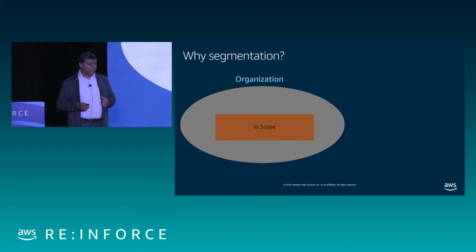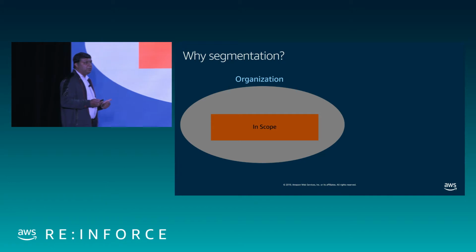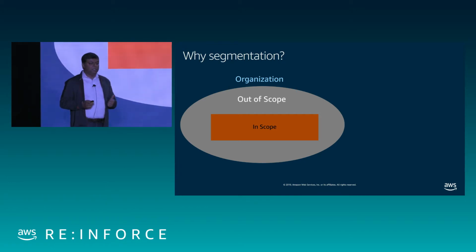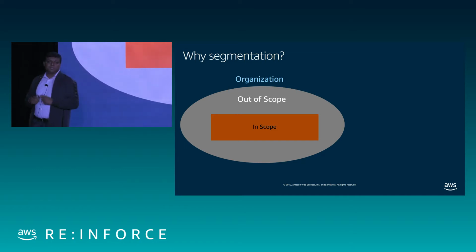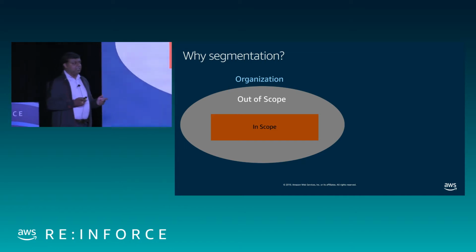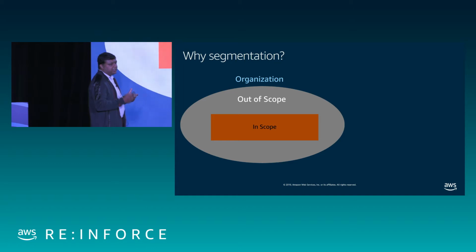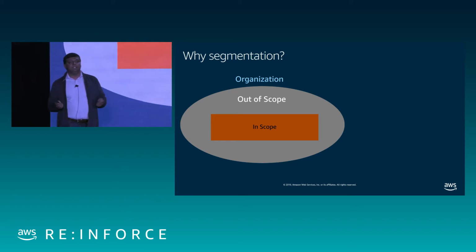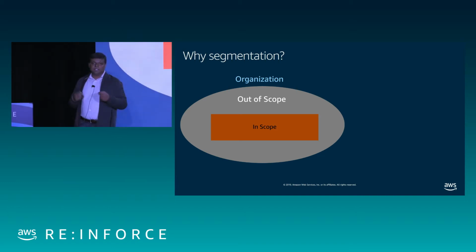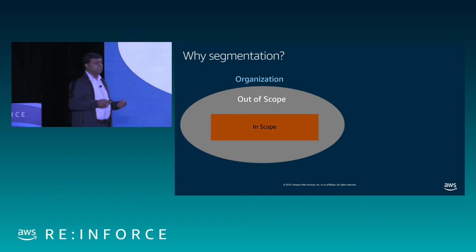So you identify the things that are in scope, and then you can designate the things that are not in scope to be out-of-scope systems. But this is just a theoretical process we did. We identified what is in scope and what is out of scope. We haven't done anything yet technically or from a control perspective.